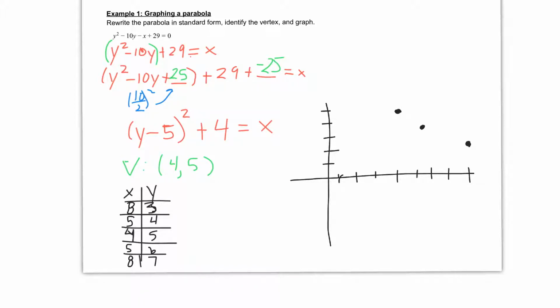We have the point 4, 5, which we already did, the point 5, 6. So we'll need to add a little bit to our y. So 5, 6 up here, and then 8 and 7.